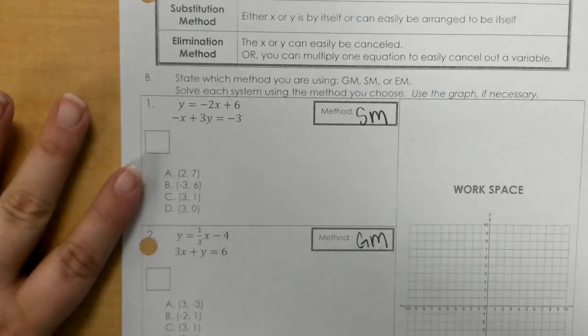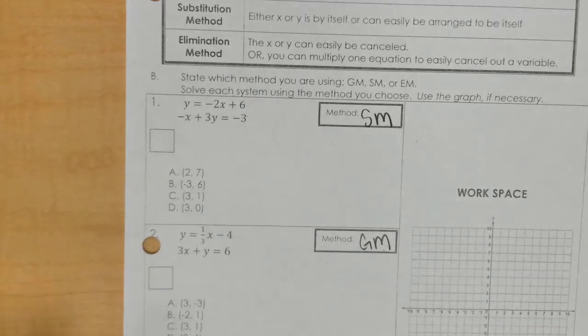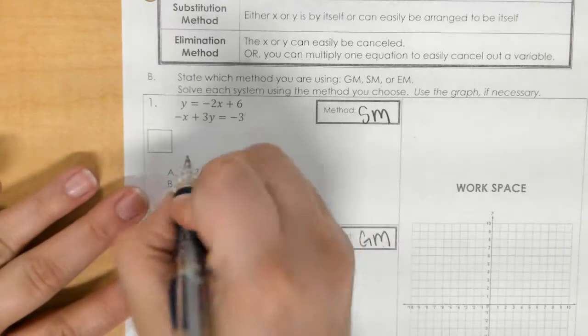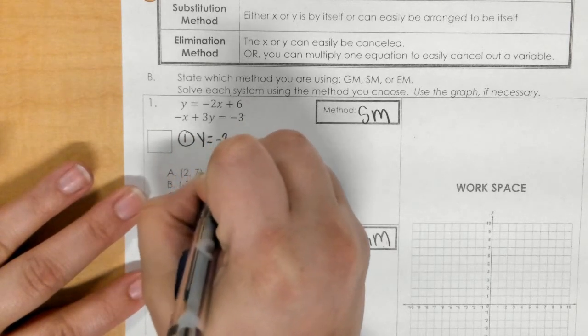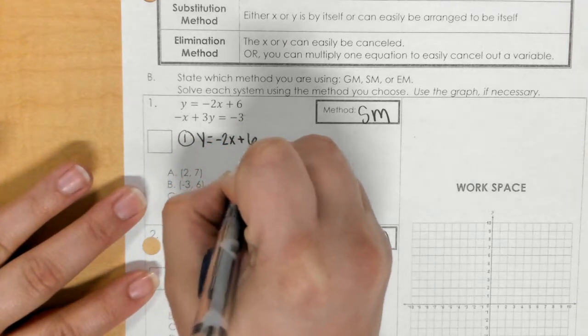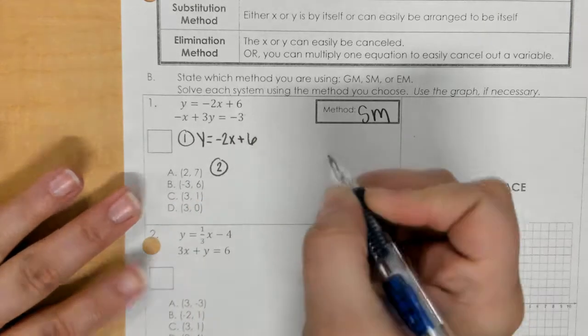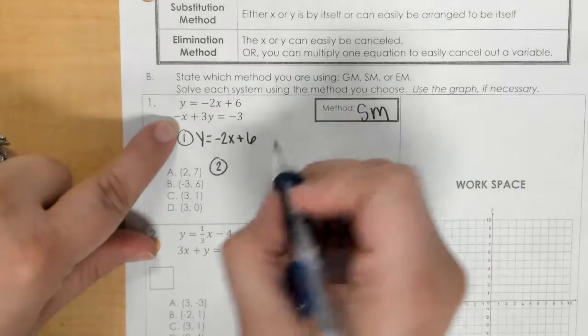Alright, so doing number 1, the substitution method, step 1 means that we want the equation with y by itself. Step 2, we use the equation we haven't used, so that would be the negative x.